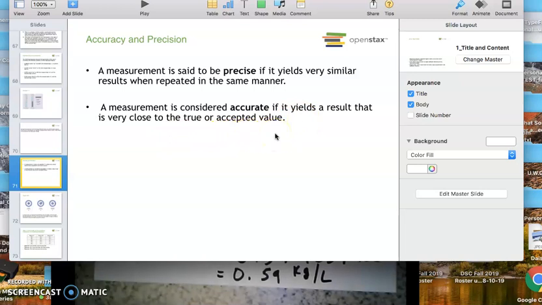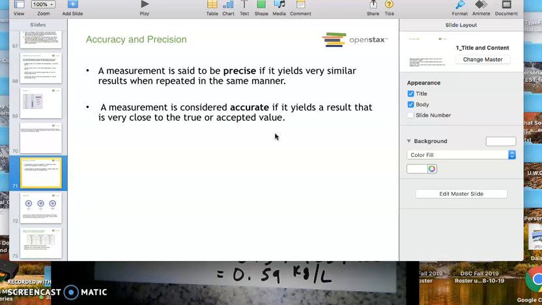For example, if I wanted to determine the density of water in the laboratory, so I made several measurements of the mass of the sample of water and the volume of the sample of water. When I did my calculation, if I got the density of the water to be 1.00 grams per milliliter, that's pretty good because that is actually the accepted density value for water.